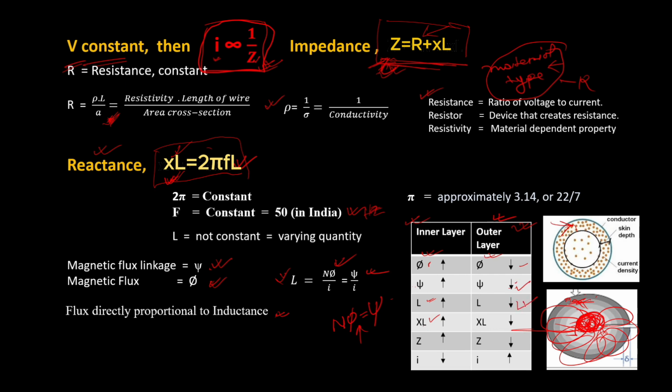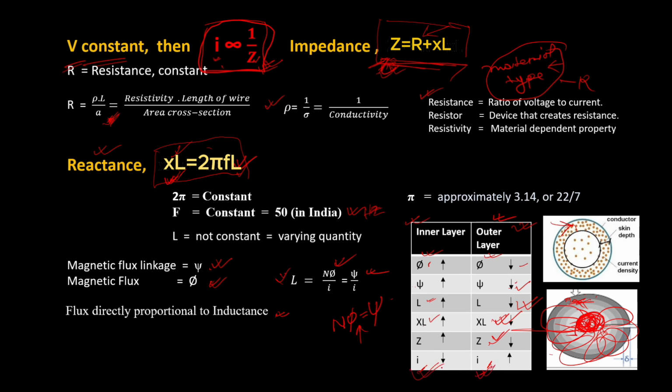Then L also decreases, and if L decreases, XL also decreases, because XL is equal to 2 pi F L. Then if XL decreases, Z also decreases. And if Z decreases, that means I will increase. So finally I is increasing. Here I is decreasing, here I is increasing.